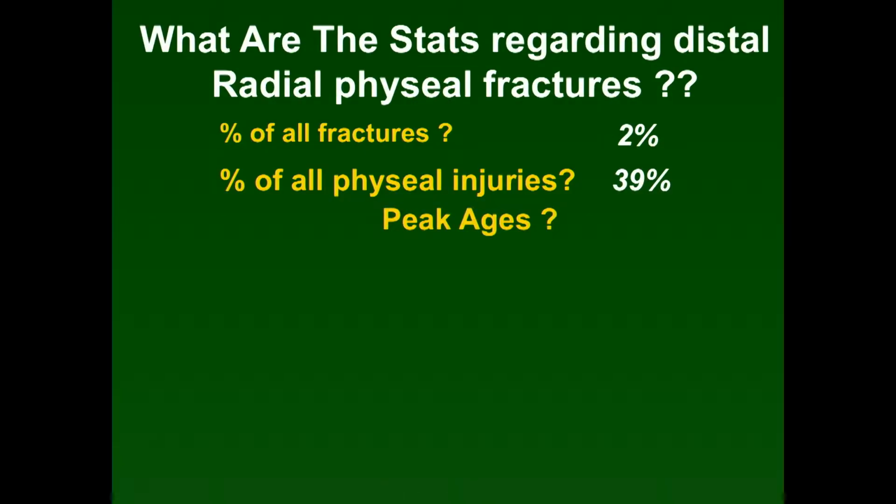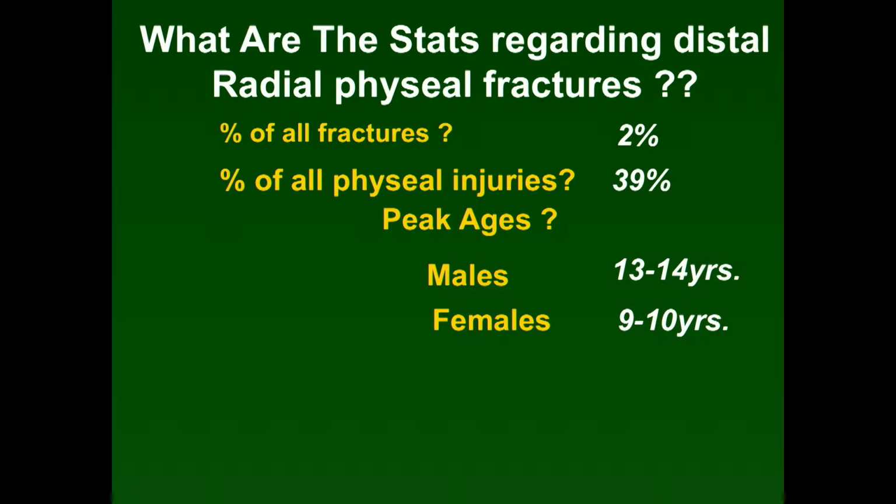Now, when do you see these fractures? I think for women it's 9 to 10, and men it's 13 to 14. Yes. Well, for males, it's about 13 or 14, and for females, it's about 10. That's the age in which the perichondral ring begins to weaken, and that's why we see most of our physeal injuries in the later age group.